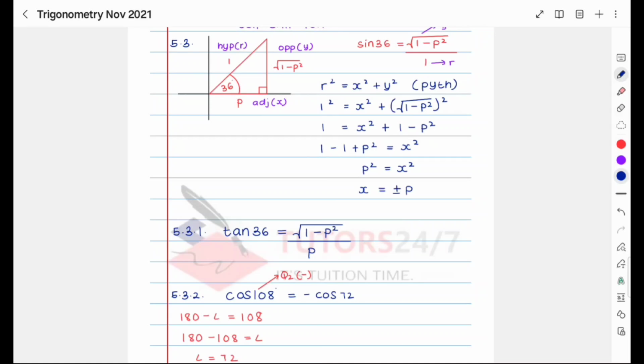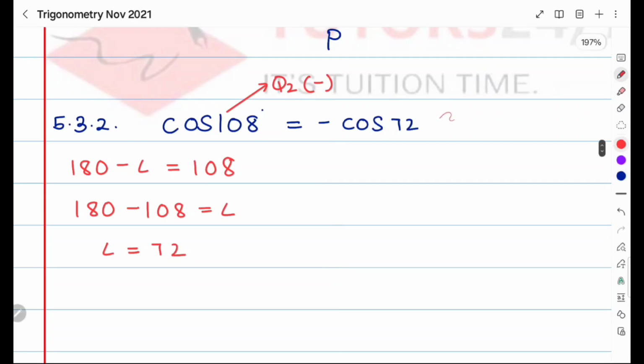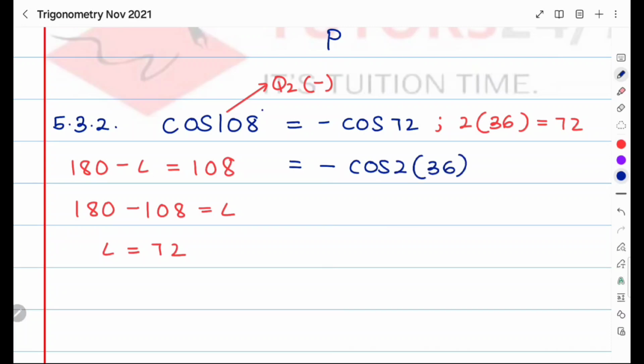So we can turn 72 into 2 times 36, and this will then become a double angle. So let us make a note of that. We know that 2 times 36 is equal to 72. So we are going to turn this into negative cos of 2 times 36. So it's a double angle.